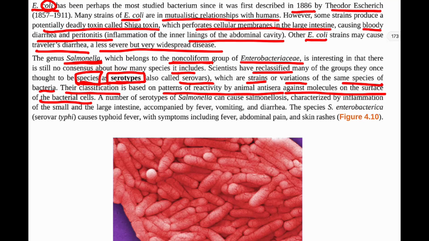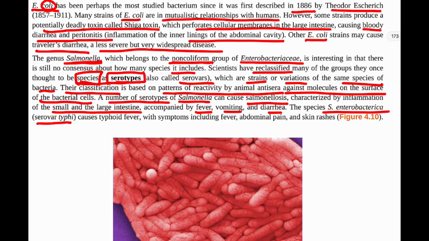A number of serotypes of Salmonella can cause salmonellosis, characterized by inflammation of the small and large intestine. It gives you fever, vomiting, and diarrhea. We know Salmonella poisoning. The species S. enterica, serovar Typhi, causes typhoid fever, with symptoms including fever, abdominal pain, and skin rashes.